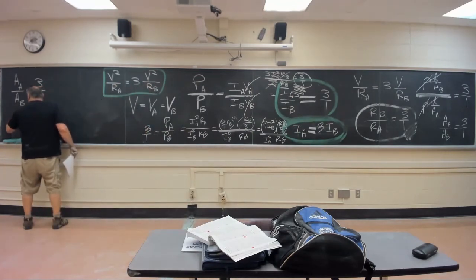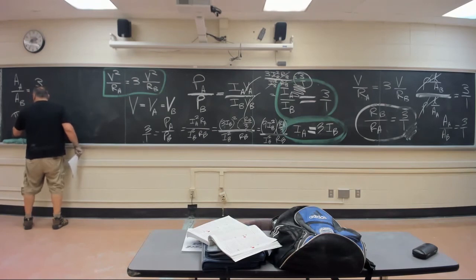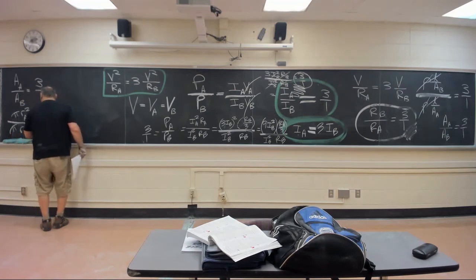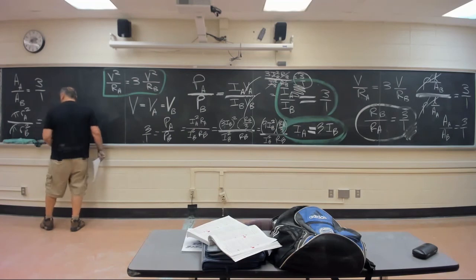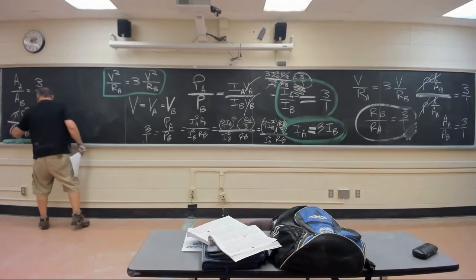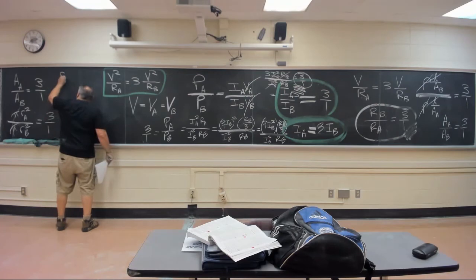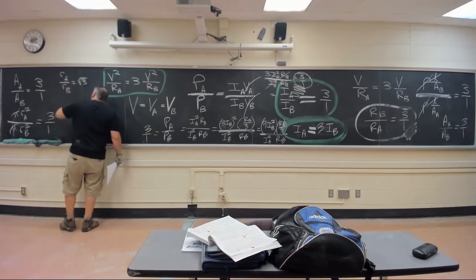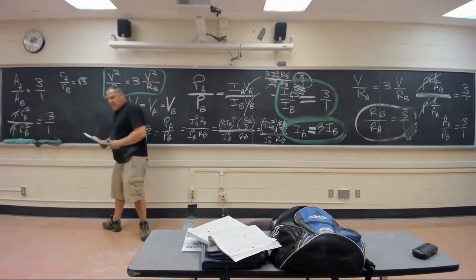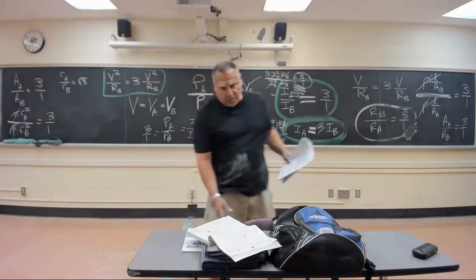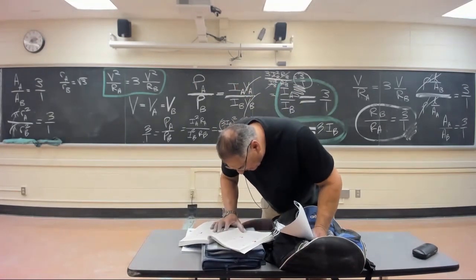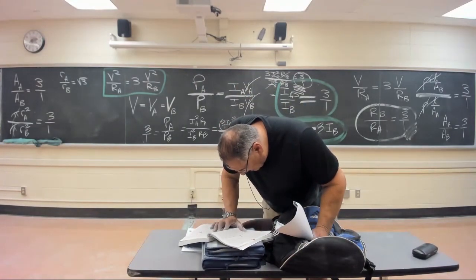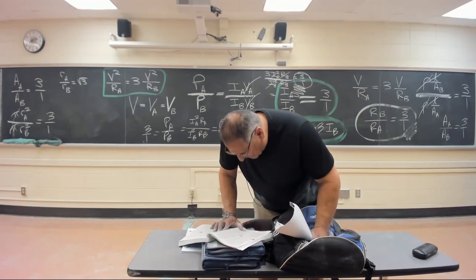What are we talking about? Pi RA squared, pi RB squared. The pi's cancel. Square root both sides. Let's make sure which one we're talking about now, guys. What is the ratio of their diameters?